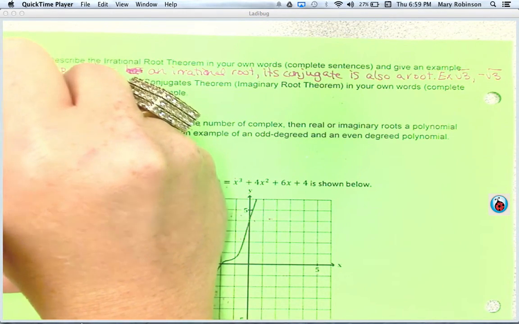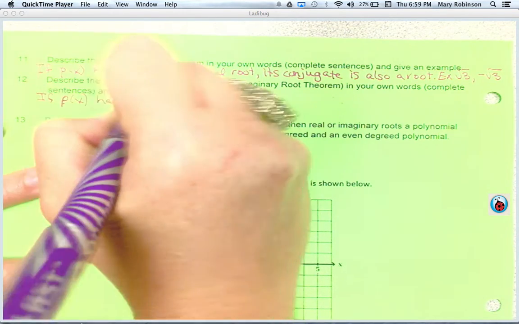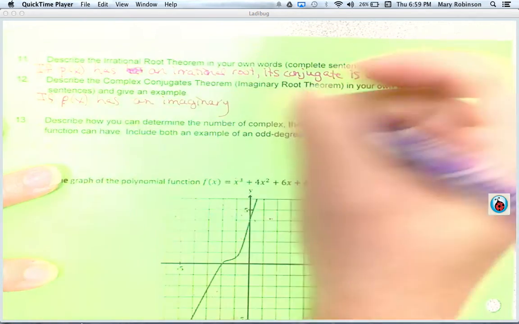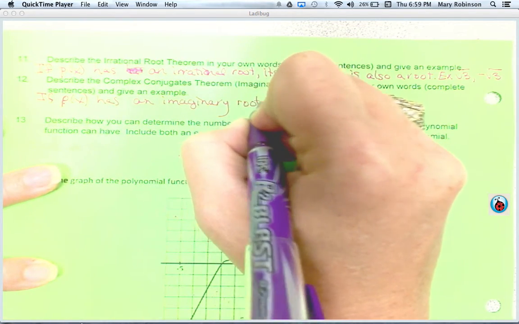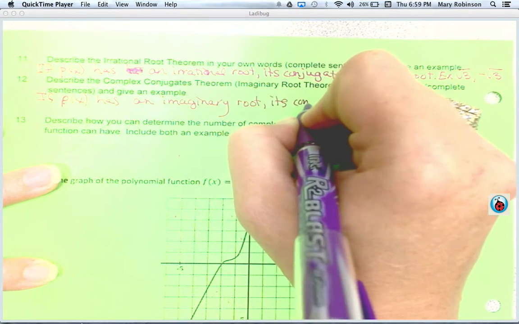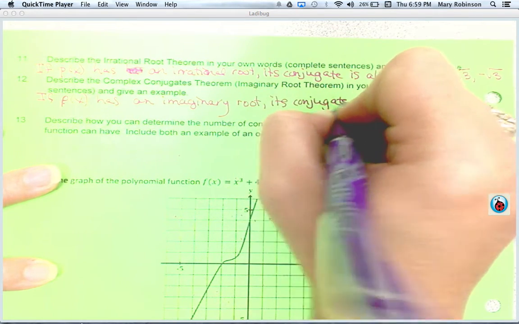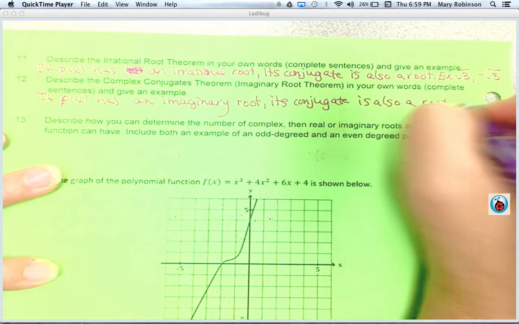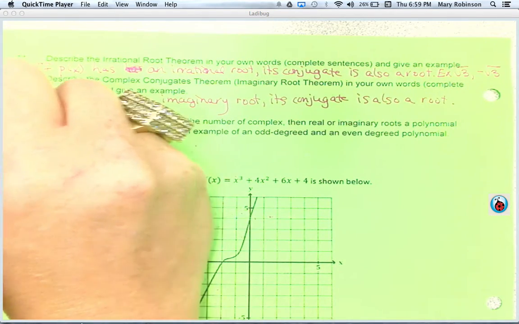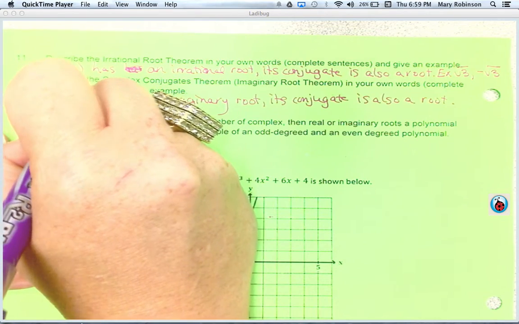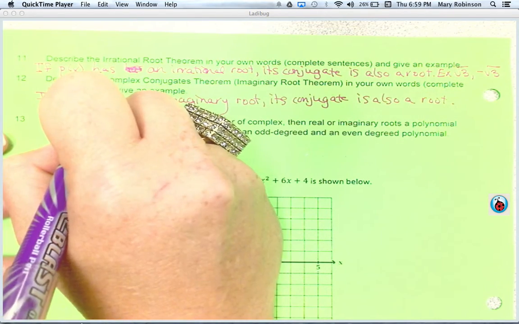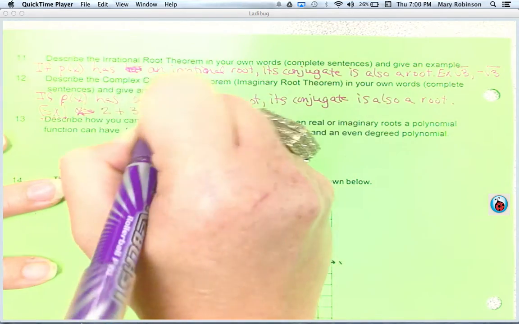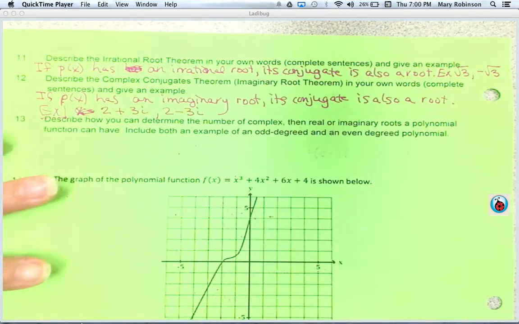So if p of x has an imaginary root, its conjugate is also a root. For example, if you have 2 plus 3i, then 2 minus 3i is also a root.